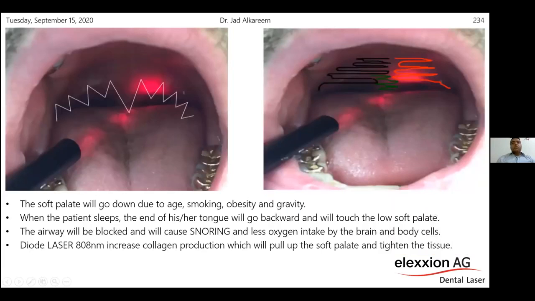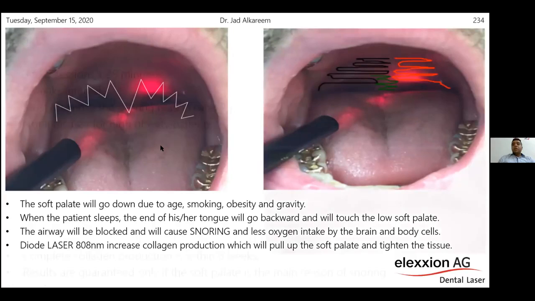As I mentioned before, the best wavelength to treat snoring is the 808, because it has better ability to improve the collagen production in the soft tissue, which can treat that. It's called the Claros Snore 3.